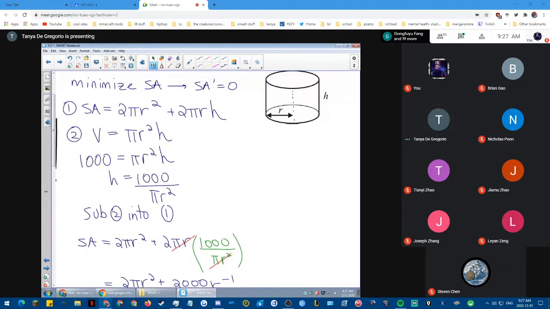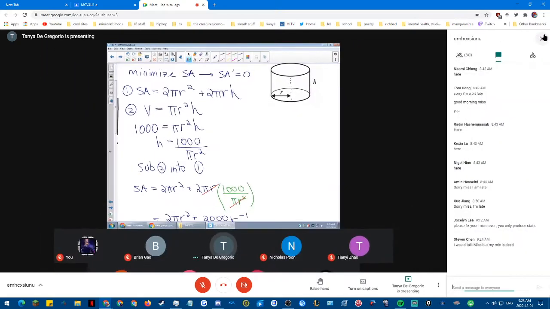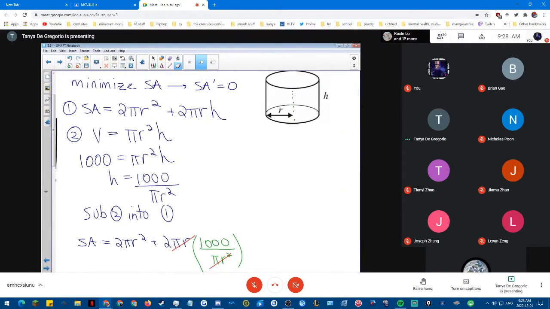Setting H equal to 0 and solving will produce 1,000 is less than pi r squared. And then you have to take the square root. So it starts getting messy. That's why we don't bother, because when you do it, it's not going to affect it anyway.